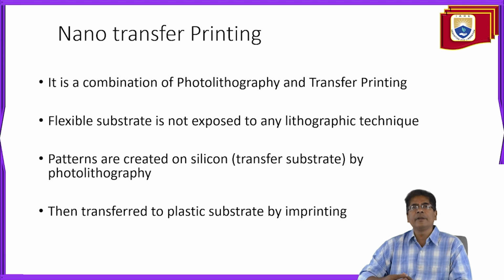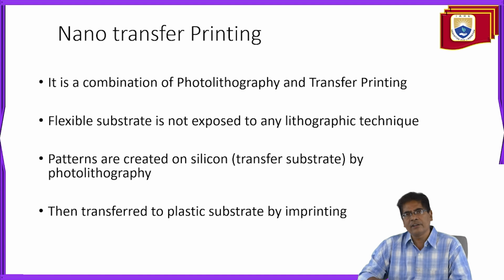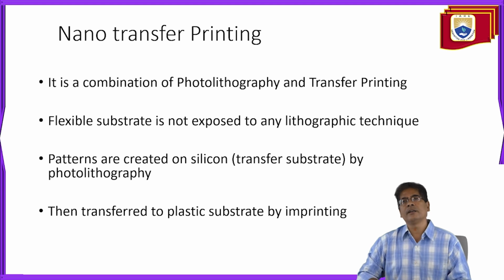Nano transfer printing is a combination of photolithography and transfer printing, and the flexible substrate is not exposed to any lithographic technique. Patterns are created on the silicon transfer substrate by photolithography, then transferred to the plastic substrate by imprinting.